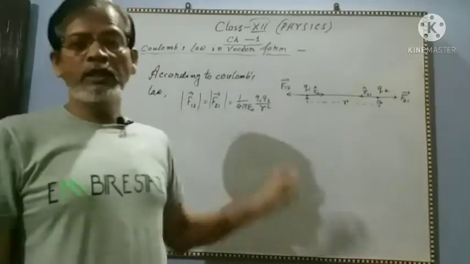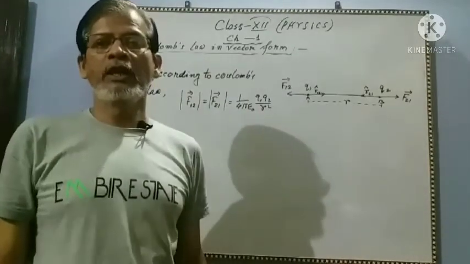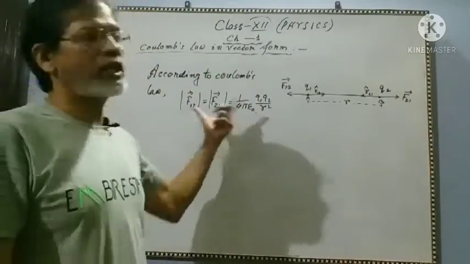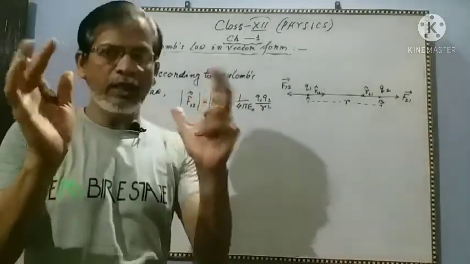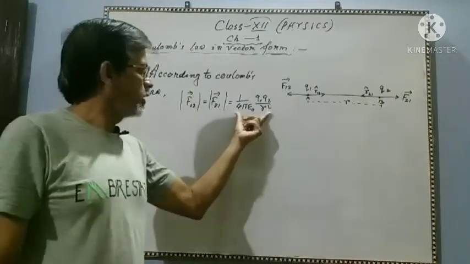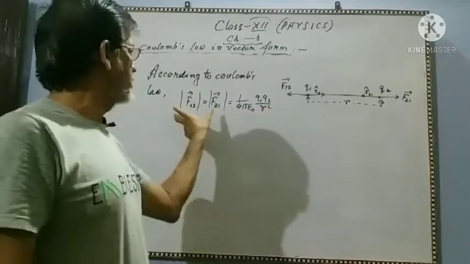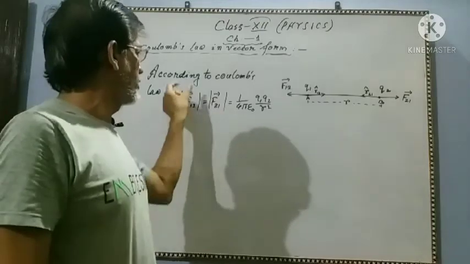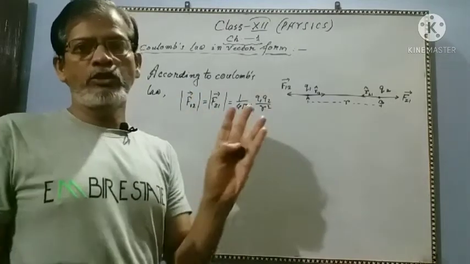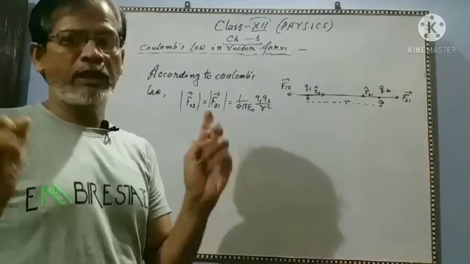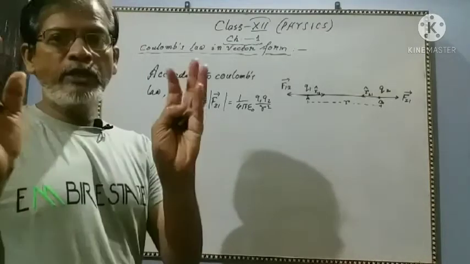In this expression, it is not expressed in vector form. This is just scalar form, only scalar form. This side there is no vector, this side we have given mod, so it is also not represented in vector. So only magnitude we have taken.